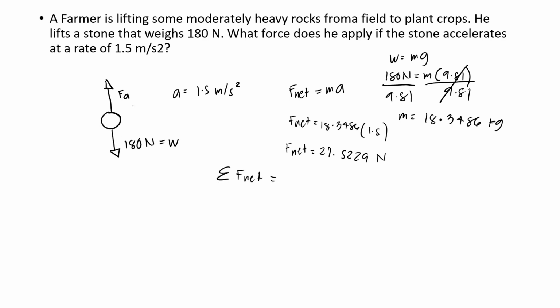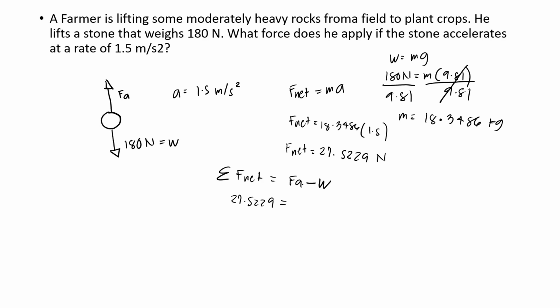So what are our forces here? We have the weight force, and we have the force FA. The direction of our force FA is above, that is positive, while the direction of our weight is downward, that is negative. In adding those two, this is the formula that comes out, guys. So let's substitute the value, guys. We now have the net force of 27.5229. So let's substitute that.